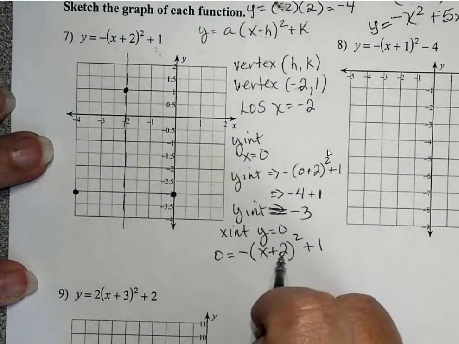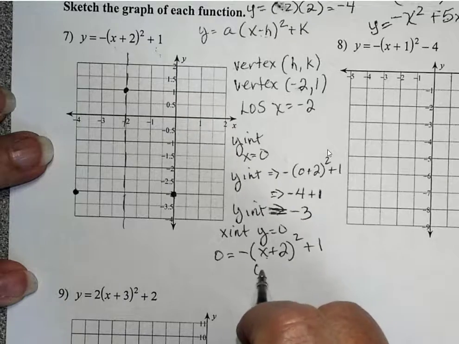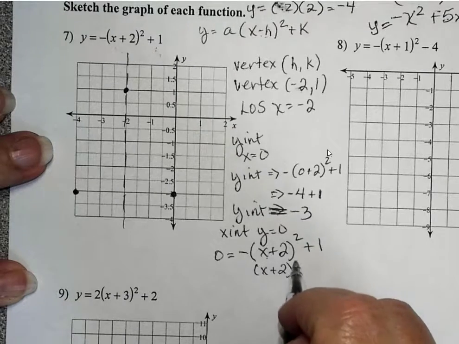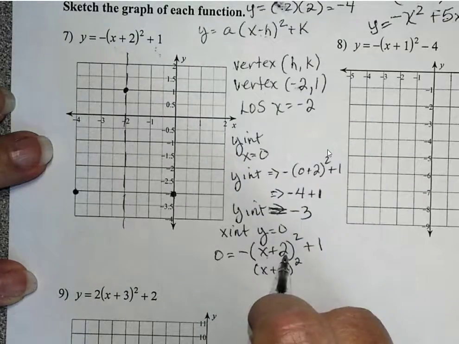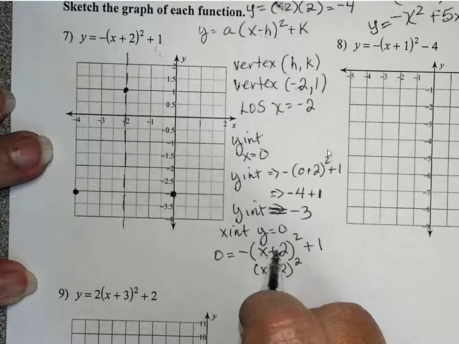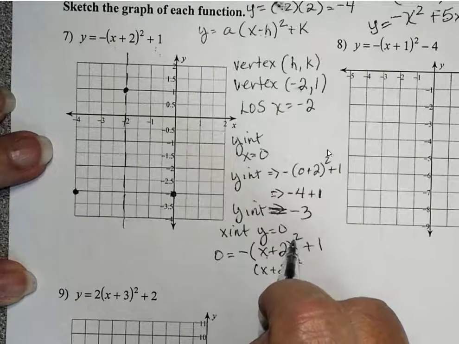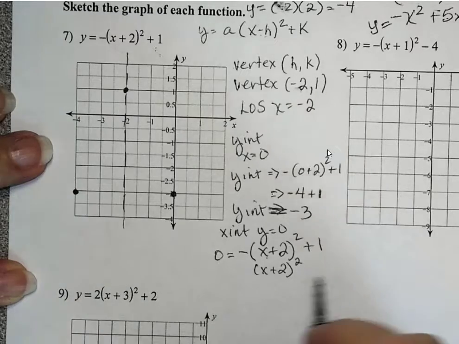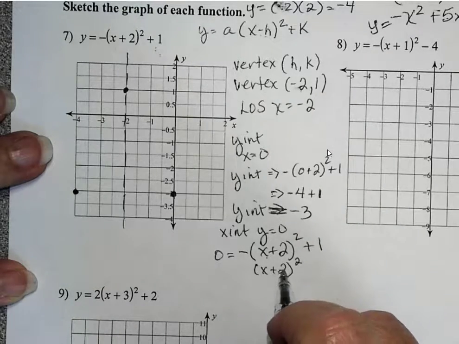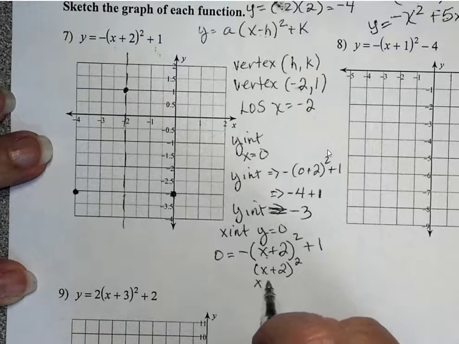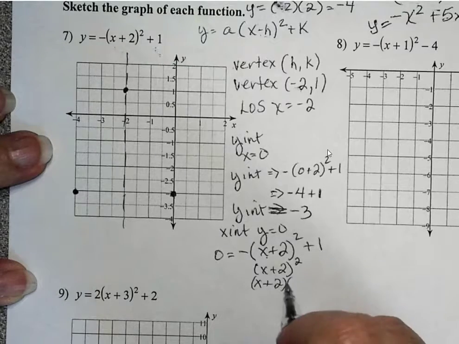I am going to have x plus 2 squared. That's the first thing I do. I don't take the opposite first because that's like multiplying by a negative 1. Order of operations tells me to do exponents first. So x plus 2 quantity squared really means x plus 2 times x plus 2.